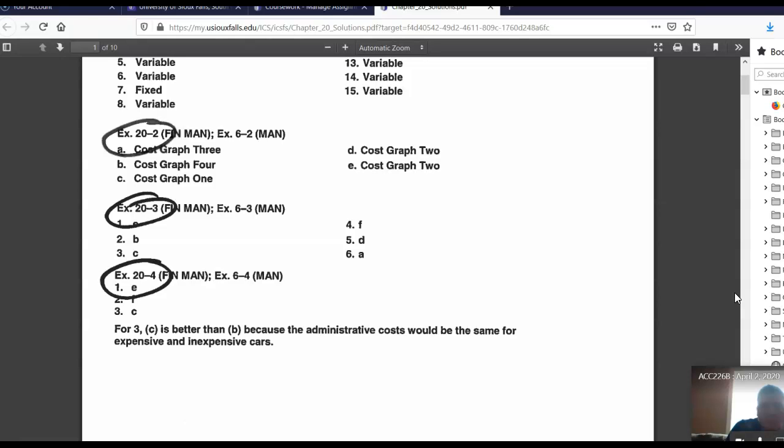Some would say letter A, number of cars sold, but are we selling a Maserati, or are we selling a Pinto? So it wouldn't be that. It would be based on the dollar amount of cars sold, letter F. And then number 3, the administrative costs for ordering cars. The best answer would be number of cars ordered, letter C.